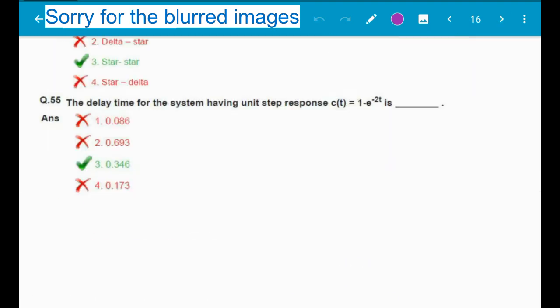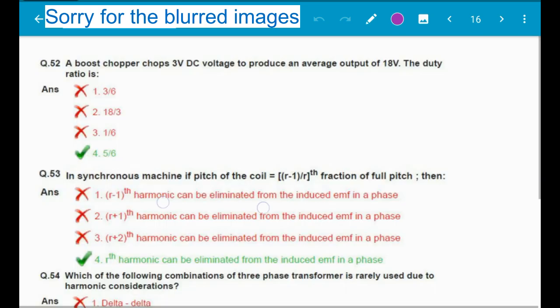Next question is: a boost chopper chops 3 volt DC voltage to produce an average output of 18 volt. What is the duty ratio? So this is V output. As this is a boost chopper, output is Vs by 1 minus alpha.